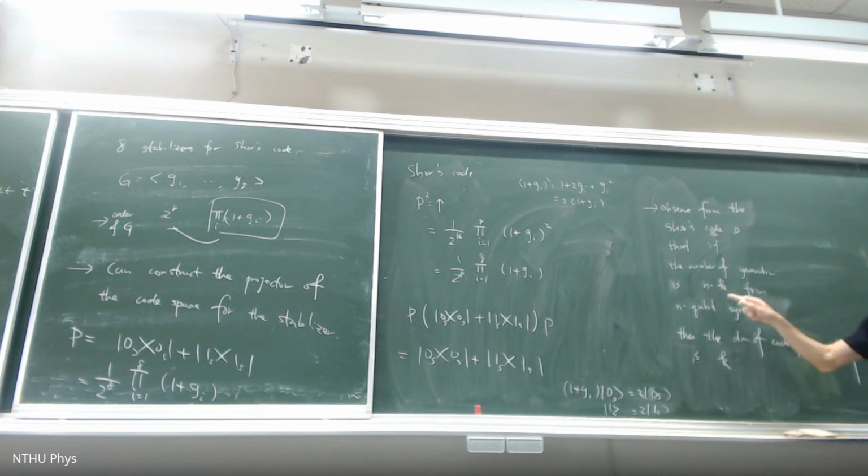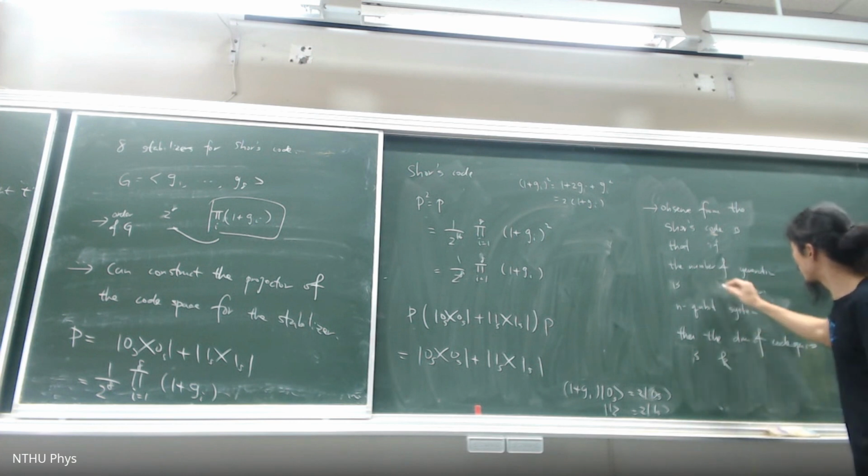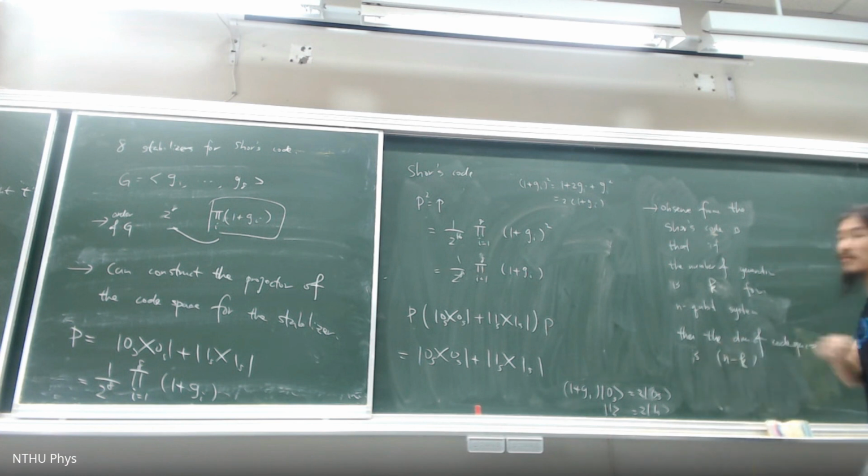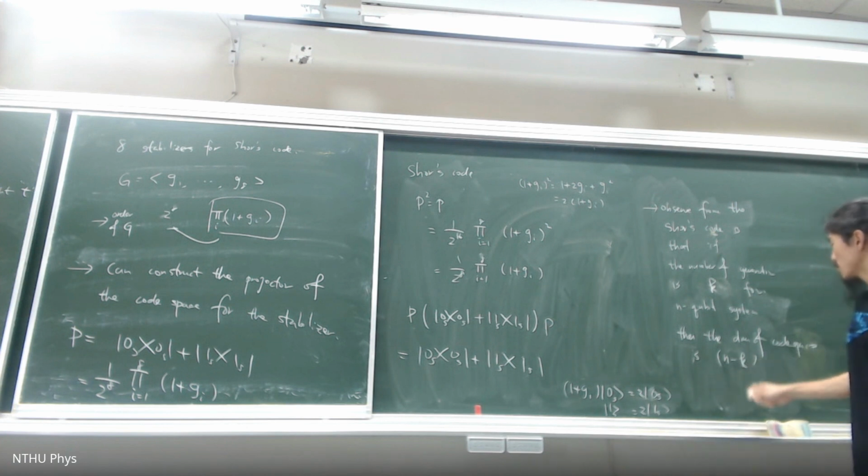We have, in this example, n is 9, we have 9 qubits, we have 8 generators, which is n minus k, so k is 1. So we have a 9 qubit system, and k is only 1 qubit. So this shows it. We will prove this.